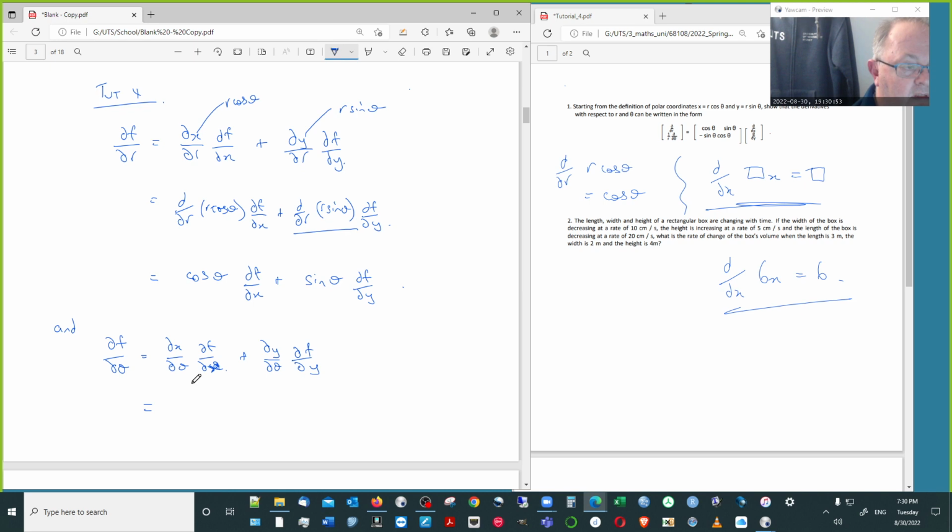So d theta x again, d theta y again, so we get d dx, which will be d theta. So now we're doing it with respect to theta for r cos theta. So we're going down the other branch of the tree. Okay, we're going down the branch of the tree for theta.